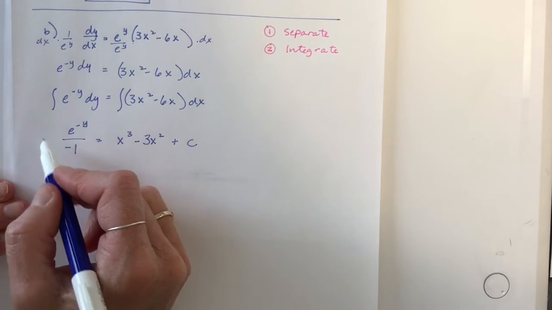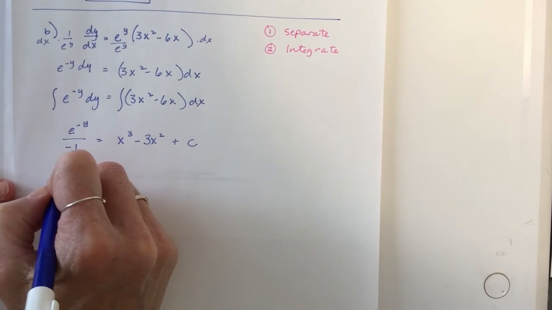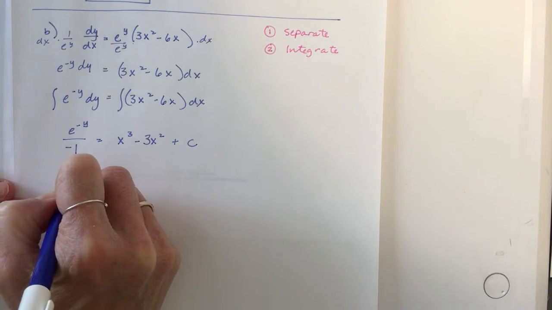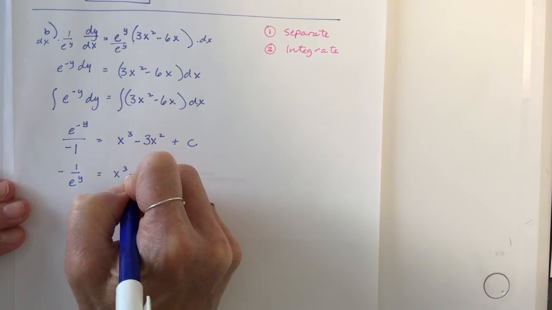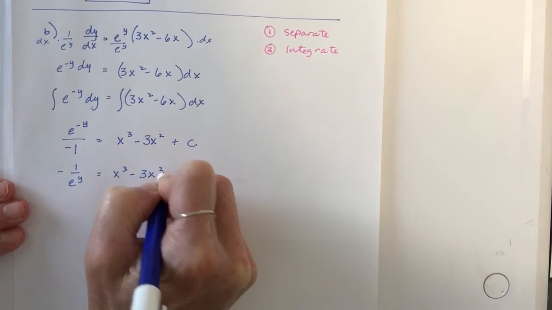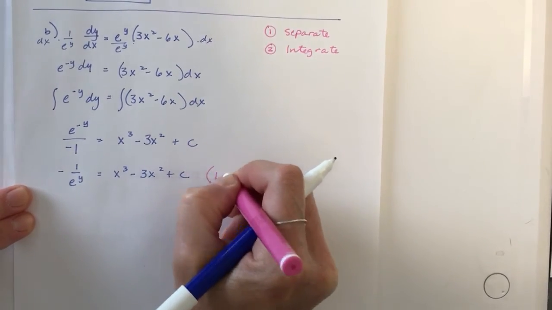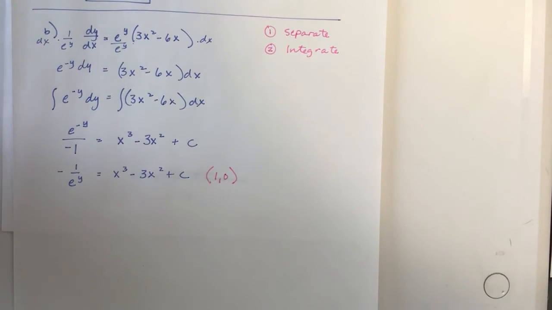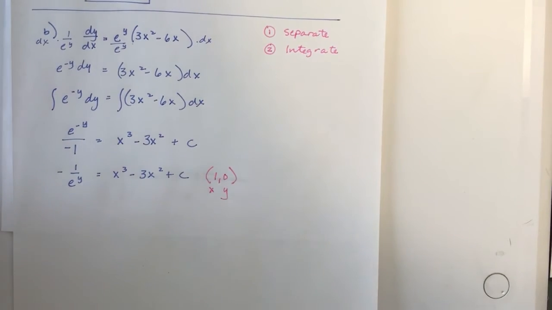Okay, so we've got this here. I think I'm going to just clean this up just a little bit. So it's going to be negative 1 over e to the y is equal to x cubed minus 3x squared plus c. Let's go ahead and plug in our point, which was (1, 0), right? So this is our x and this is our y.